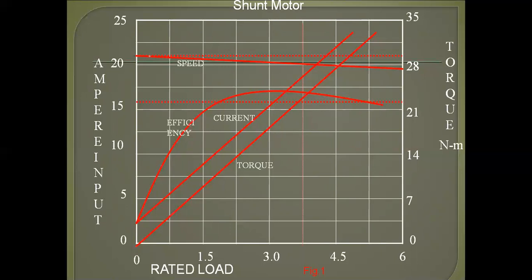Since voltage drop in armature at full load is very small compared to applied voltage, the drop in speed from no load to full load is very small. You can see here the drop, this is no load and this is full load, is very small.